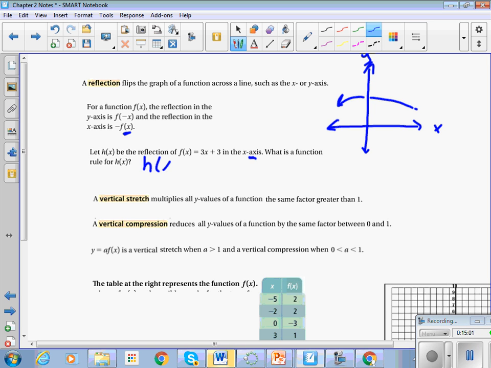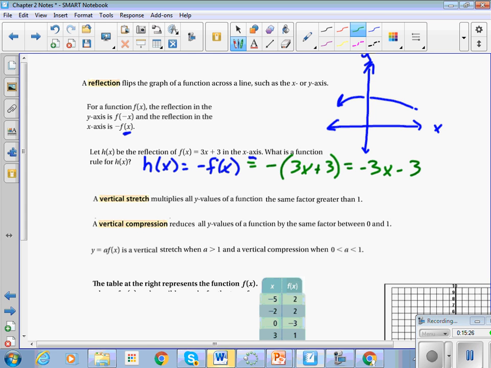So h of x is equal to f of x multiplied by that negative 1. So that equals negative (3x plus 3). I'm going to distribute out that negative so I can simplify this down. It's negative 3x minus 3.